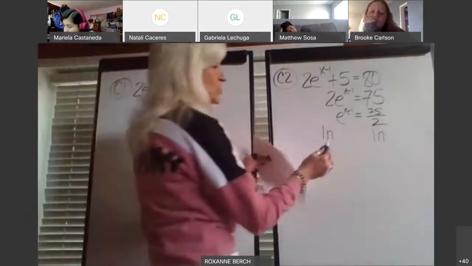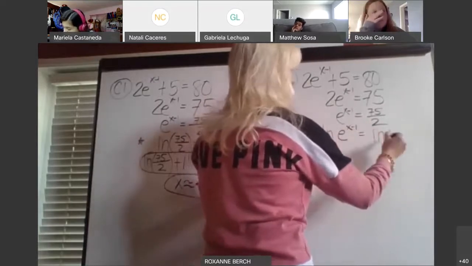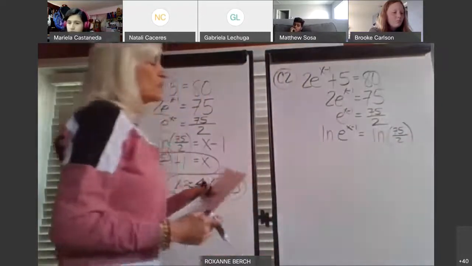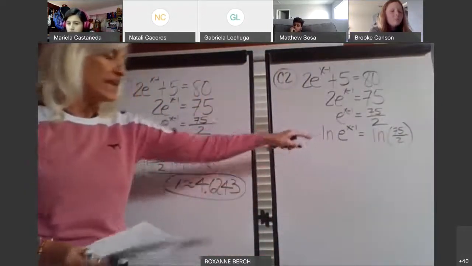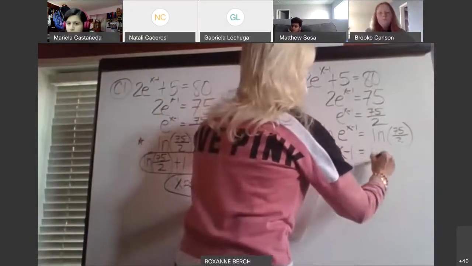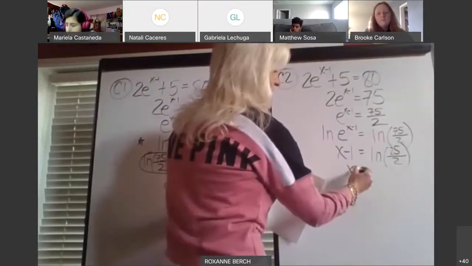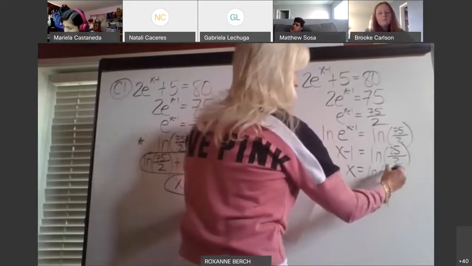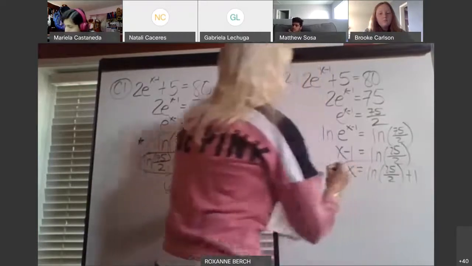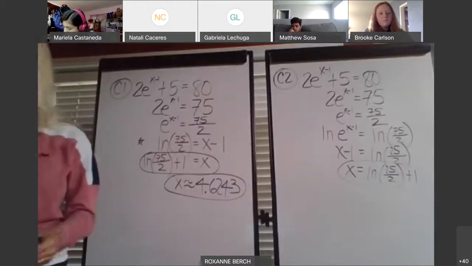So what you have here is the natural log, or log base e, of e to the x minus 1 equals the natural log of 75 halves. So log base e of e is going to bring that power down. Add 1 to both sides. So this is your exact answer. And then you can put the rest on the calculator by being careful.